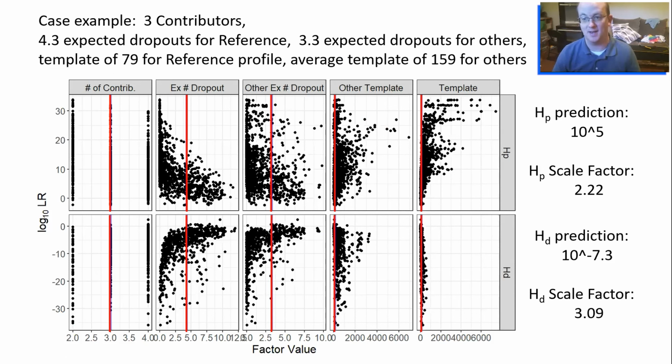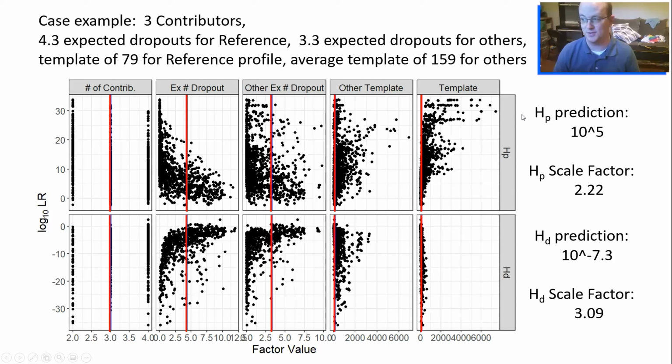We just know the characteristics of the question profile, and can then send those features through the predictive models to get what, based off of the validation data set, we would expect to have seen if it were an HP true.